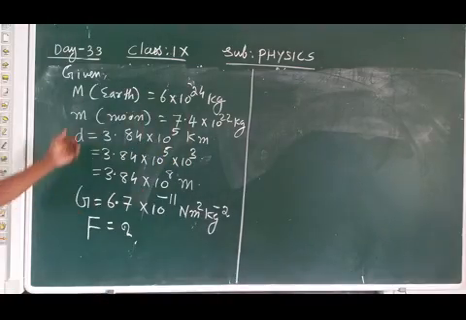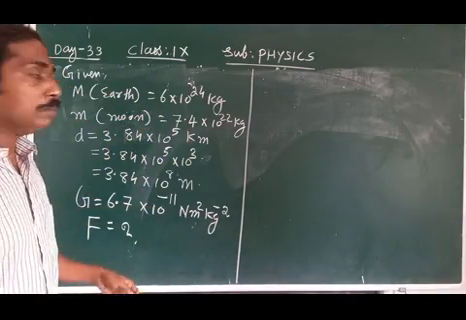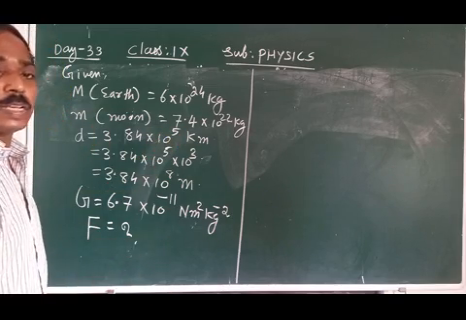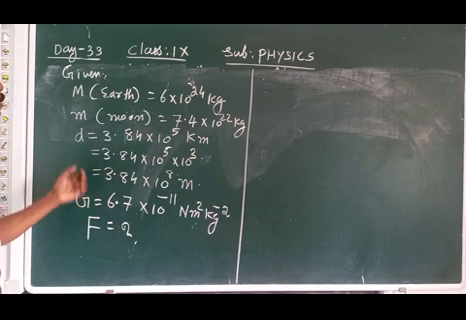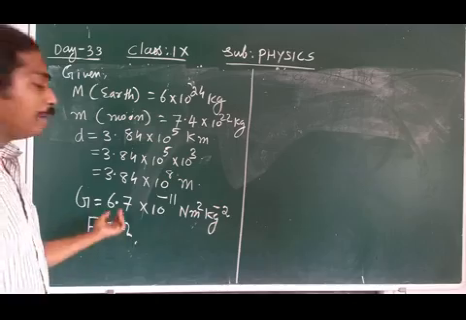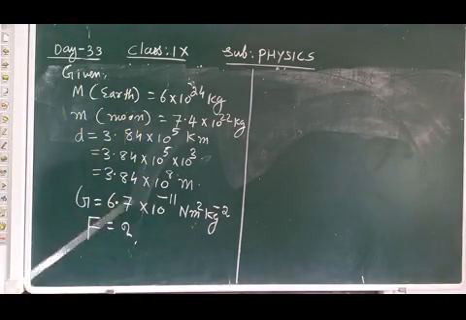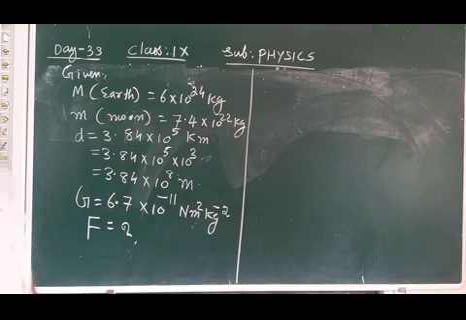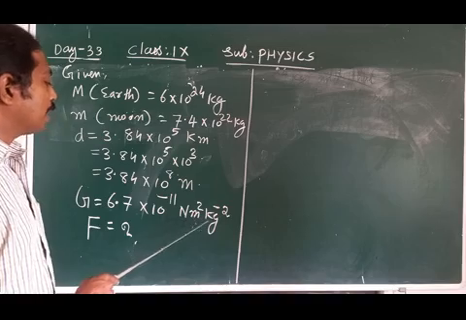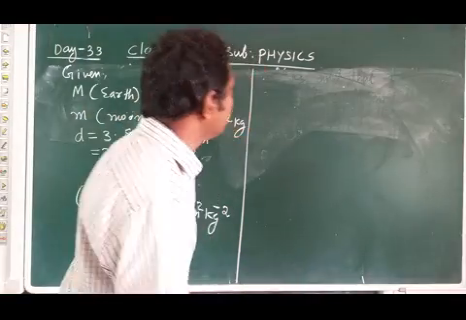Small m, about the moon, is 7.4 into 10 raised to 22 kg. Distance between earth and the moon is finally 3.84 into 10 raised to 8 meter. G is 6.7 into 10 raised to minus 11 Newton meter square kilogram raised to minus 2. Which equation do we use?